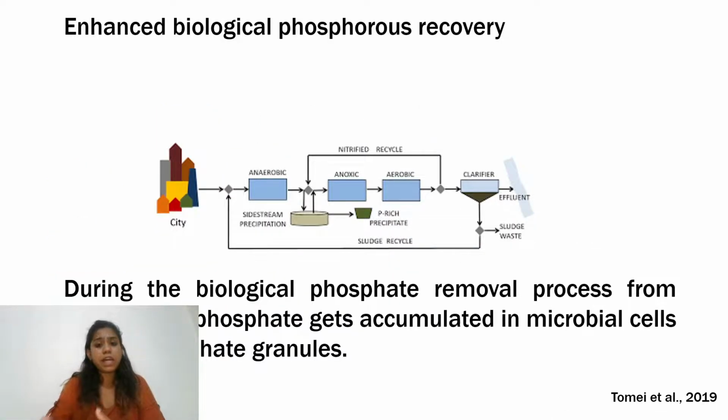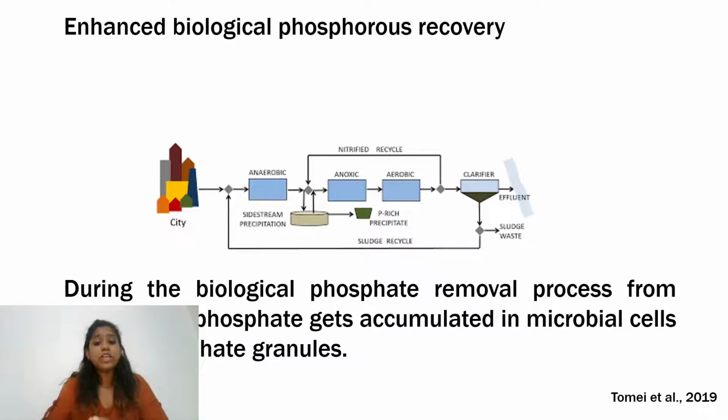So EBPR, which was the beginning of this chapter, stands for enhanced biological phosphorus recovery. Nitrogen and phosphorus, as I mentioned, are the major problems in wastewaters that get contaminated during the wash off. During the biological phosphate removal process from wastewater, phosphates get accumulated in microbial cells as polyphosphate granules.